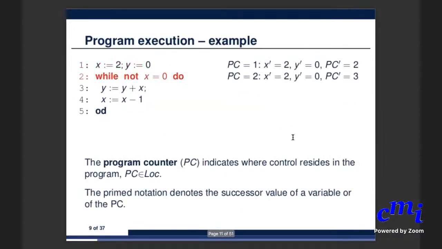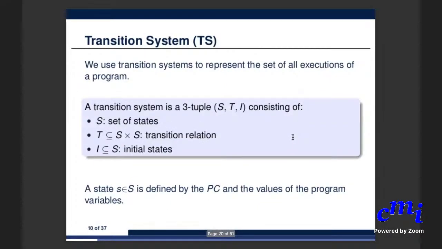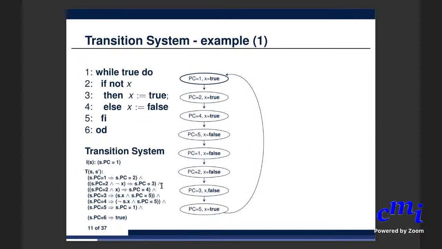So you can see that the execution semantics, which is the set of all executions that are possible when a program is executed, can be seen as generated by this transition relation. This is not the only way to model the semantics of a program. There are several other ways of doing it.